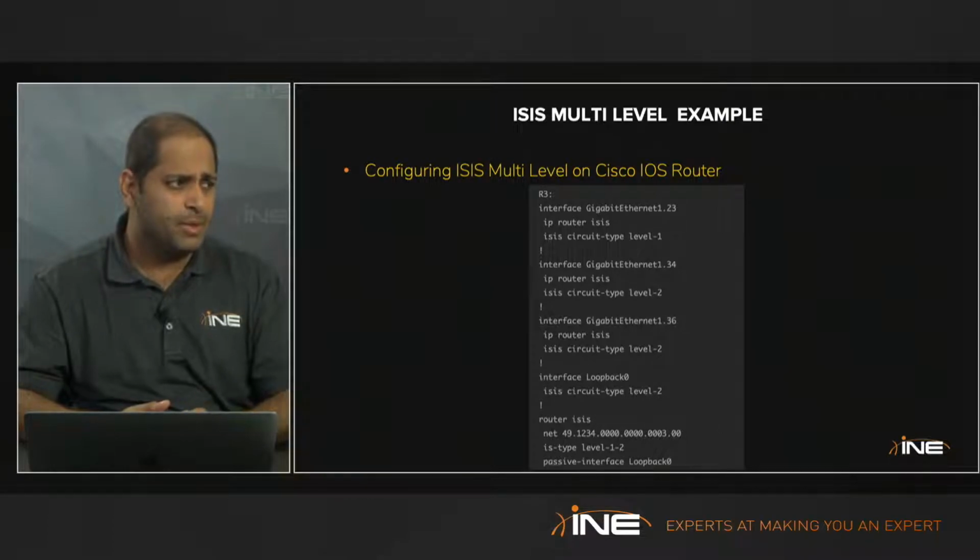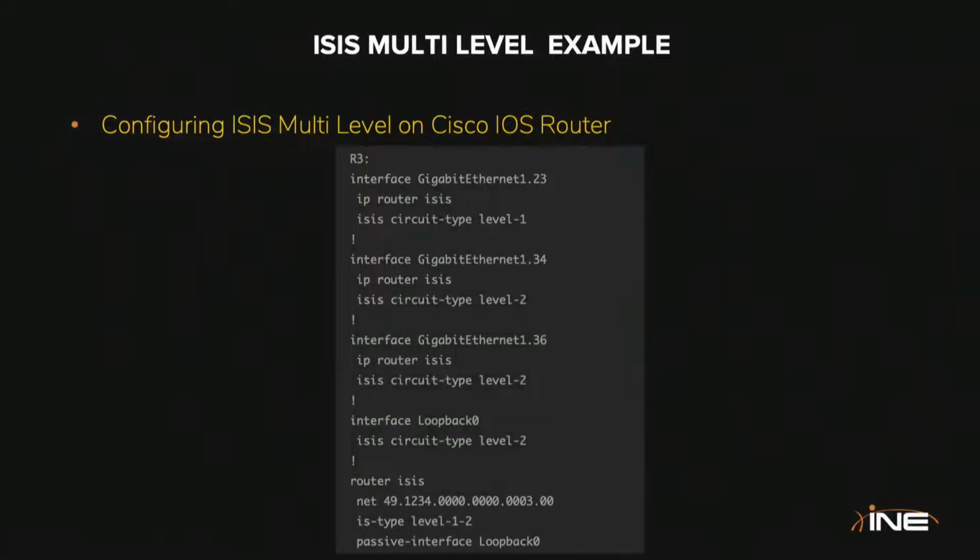If you look at this example, I have a multi-level ISIS configuration on a Cisco IOS router. I have one interface running level 1, which you can see here. I have one interface running level 2 and another interface running level 2.